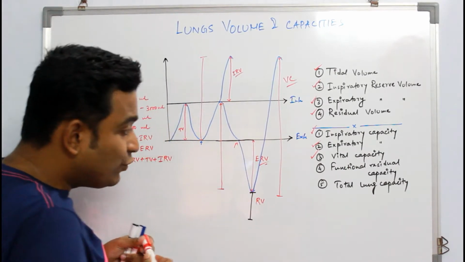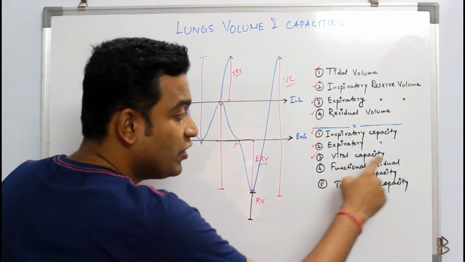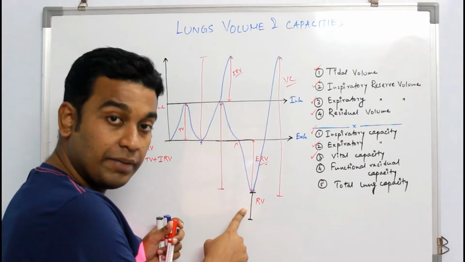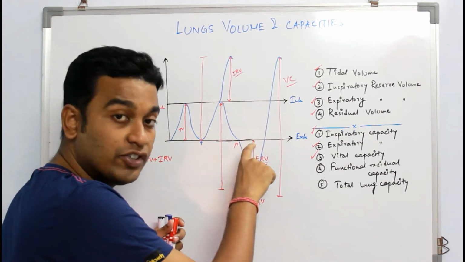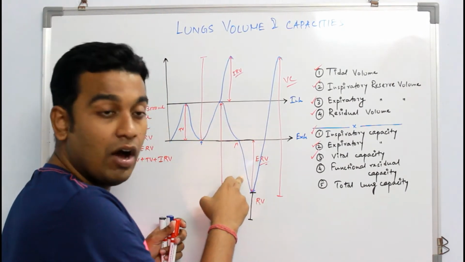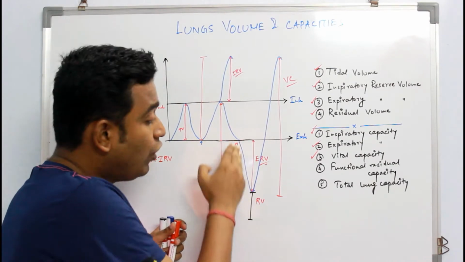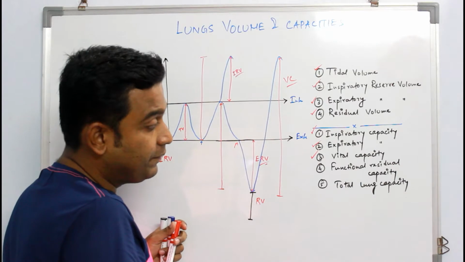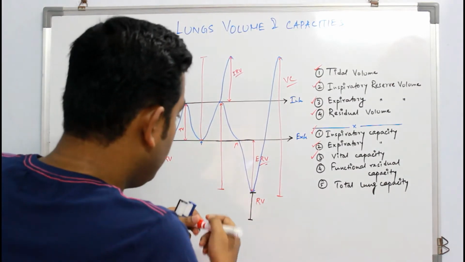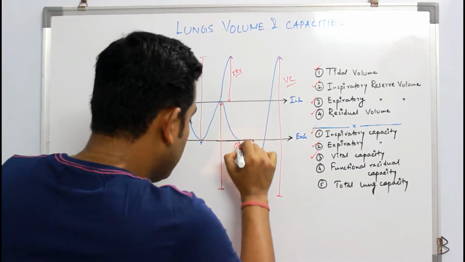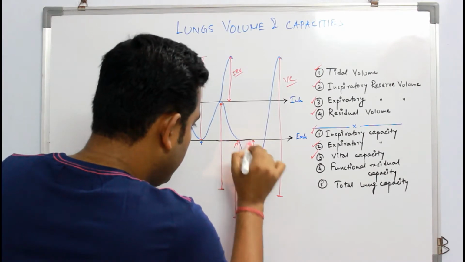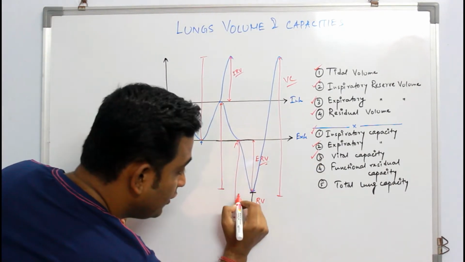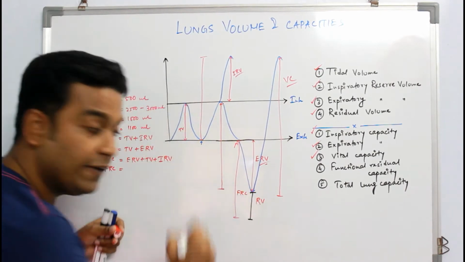So that is what you call functional residual capacity. See, this is the residual volume, so residual capacity. This part is functional because you can exhale this out, but not this part. So all together is what you call functional residual capacity. That means right after this total volume here is what you call FRC.